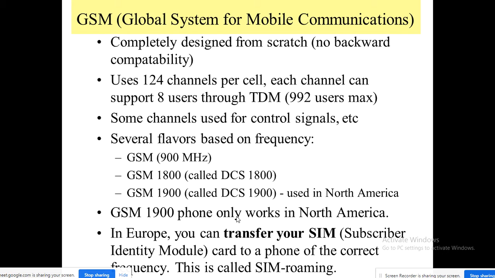So the basic architectures are tuned with respect to the number of channels, how many users that corresponding channel will support, what is the maximum number of viable channels in a cell, right?